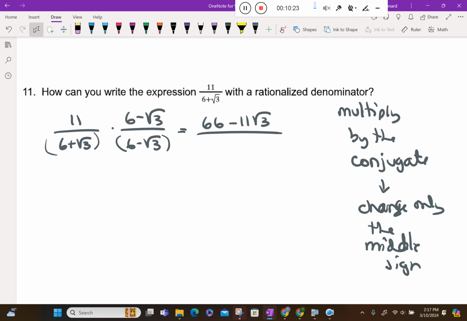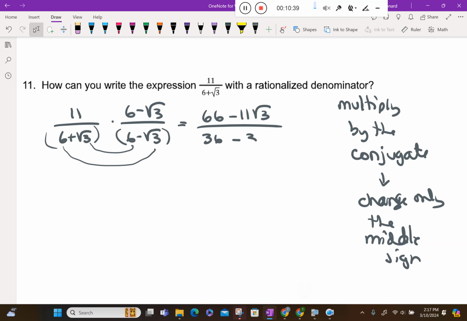So we know the middle two terms will cancel out. That means that 6 times 6 is 36. We would then get a negative 6 root 3 and a positive 6 root 3, which would cancel each other out. Positive root 3 times negative root 3 is minus 3. So we now need to simplify the denominator. So our numerator is currently unchanged, but our denominator is 33.